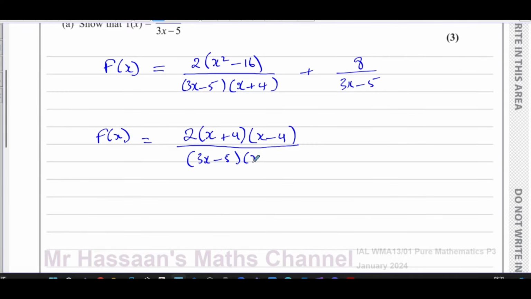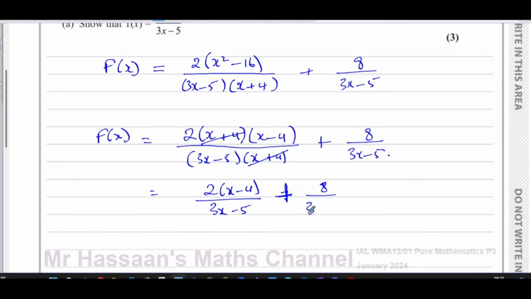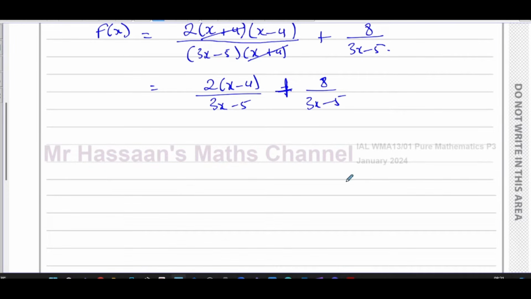And that makes everything nice and neat for us, because before we start actually doing any addition of these two fractions, we can simplify that fraction first. And you'll notice the x plus 4 and the x plus 4 cancel out. So you're left with 2 times x minus 4 over 3x minus 5, plus 8 over 3x minus 5. Now we have a fraction with a common denominator.